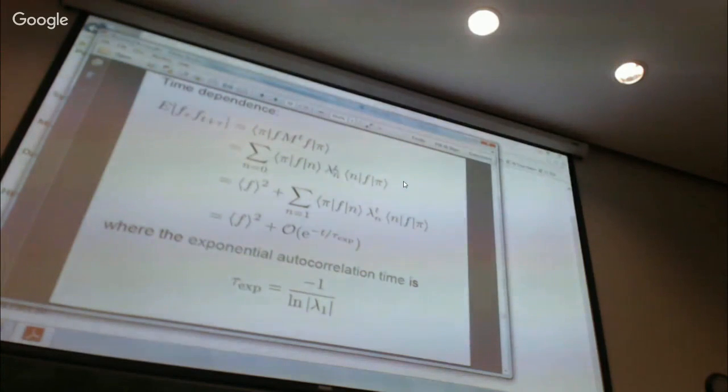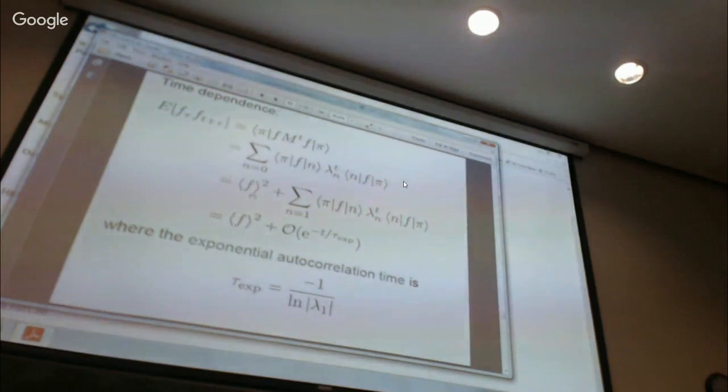Now, you can prove that stochastic matrices like the Markov matrix have particular properties for their eigenvalues. Namely, that the largest modulus eigenvalue is the unit eigenvalue.